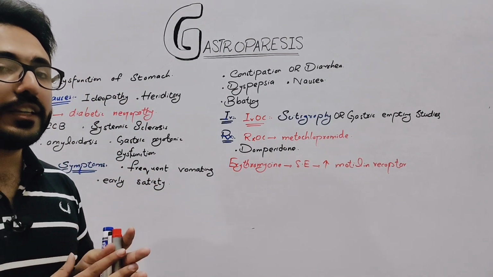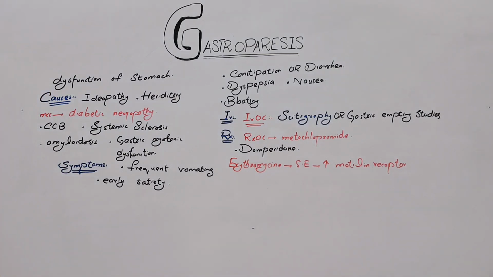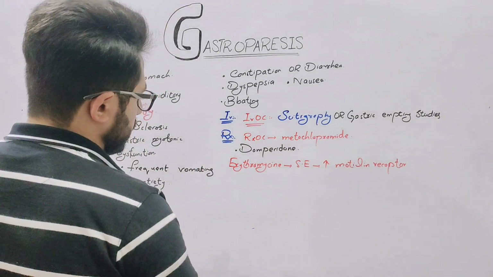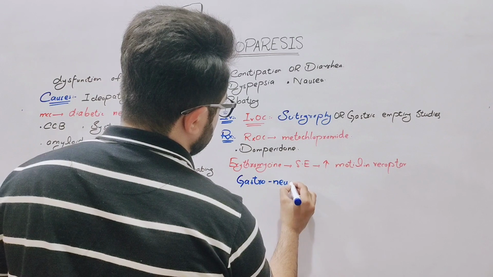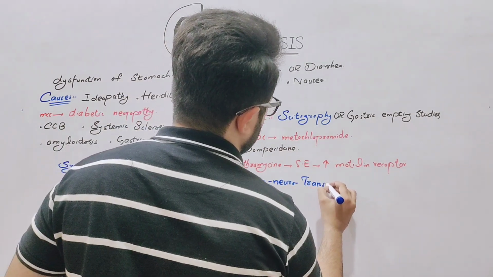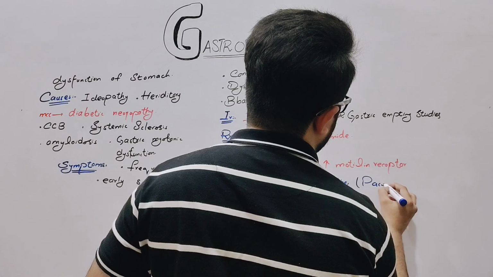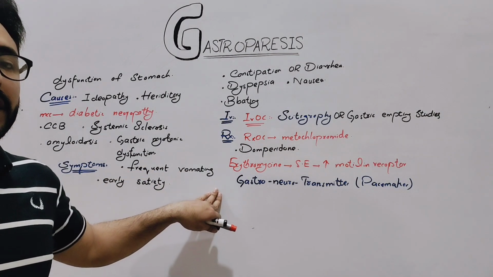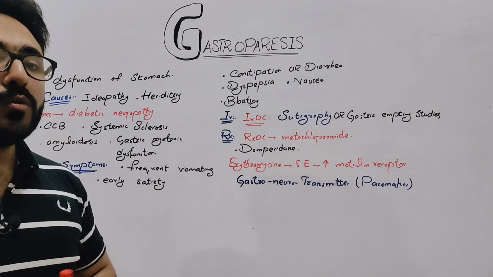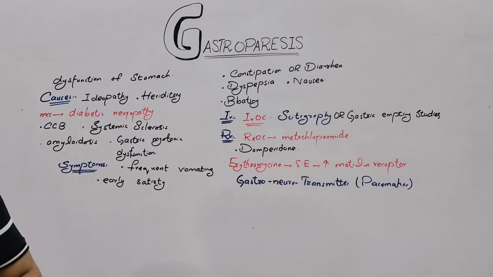In that condition we use an instrument as a pacemaker, like an SA node, known as a gastric neurostimulator. It acts as a pacemaker of your stomach or GIT in severe conditions, generating an artificial stimulus to start the motility function of the stomach. So this was gastroparesis.